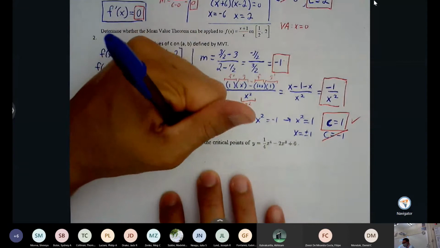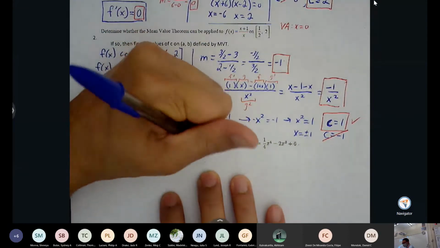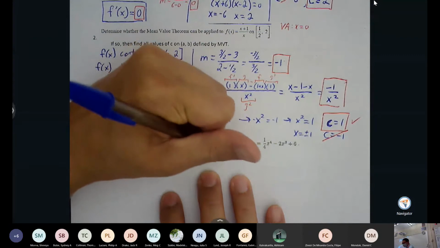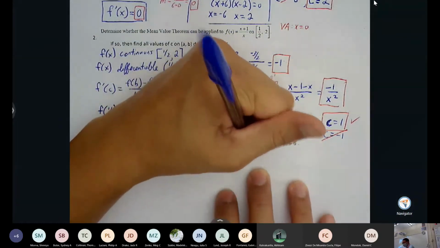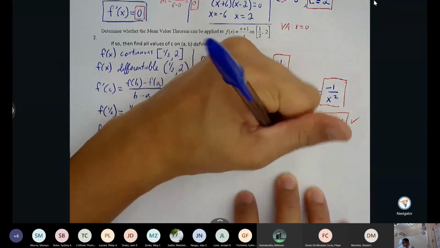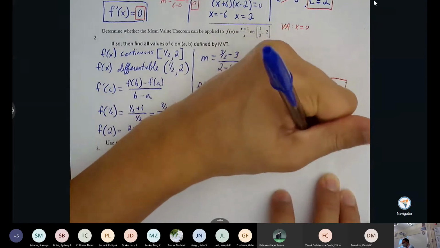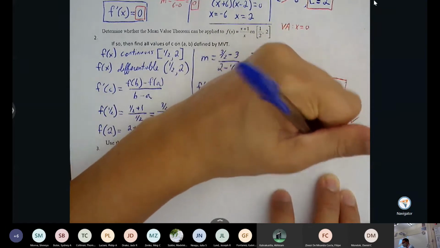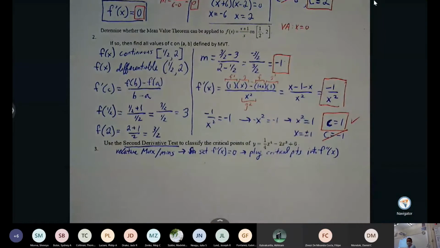We're going to set f prime equal to 0, and then we're going to take these critical points into f double prime. Okay, so that's basically the direction that we're going to do.